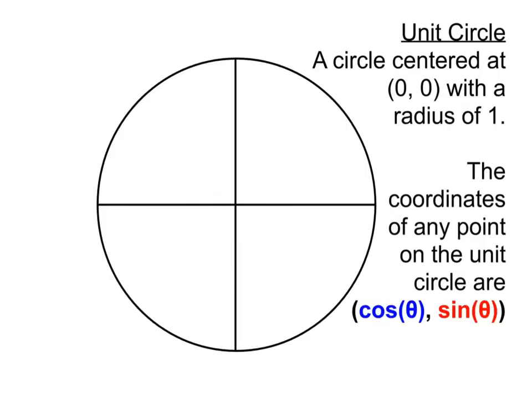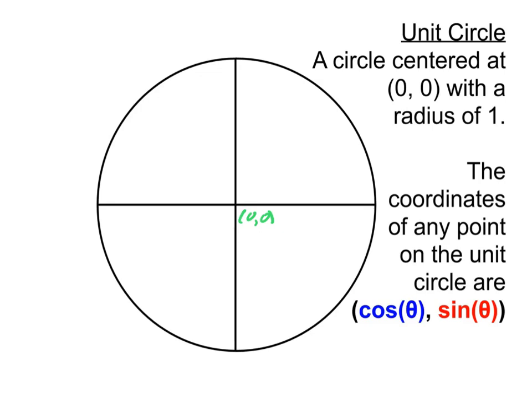This is called the unit circle because remember we centered it here at 0, 0, and then it had a radius of 1. Remember I was drawing that line around with that radius of 1. And the reason it's called the unit circle is because the radius is 1 unit long.